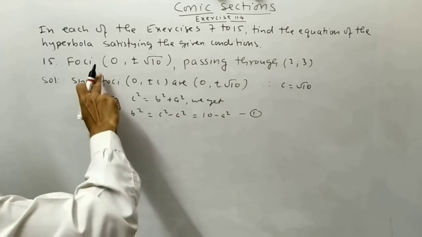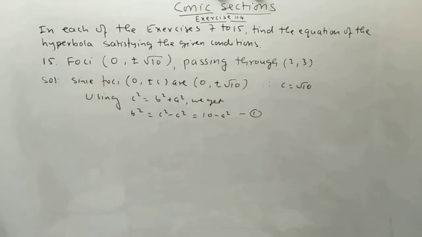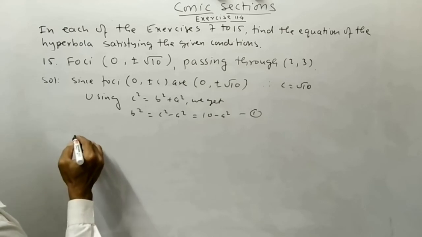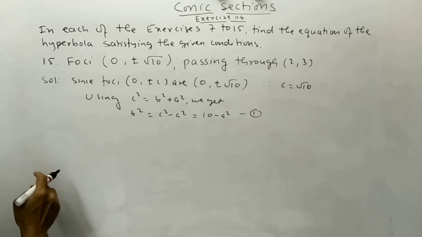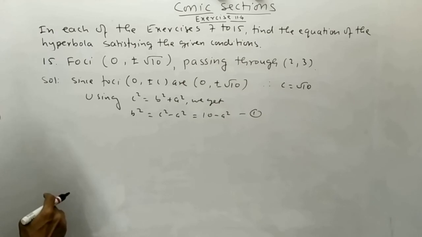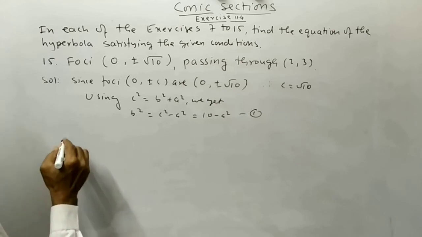Since foci lie on the y-axis, therefore the equation of the hyperbola must be of the form y square divided by a square minus x square divided by b square is equal to 1.